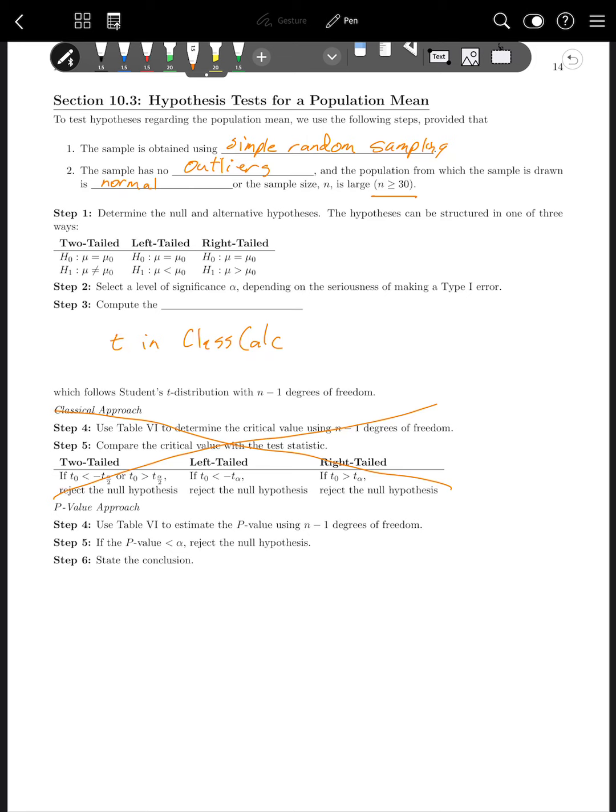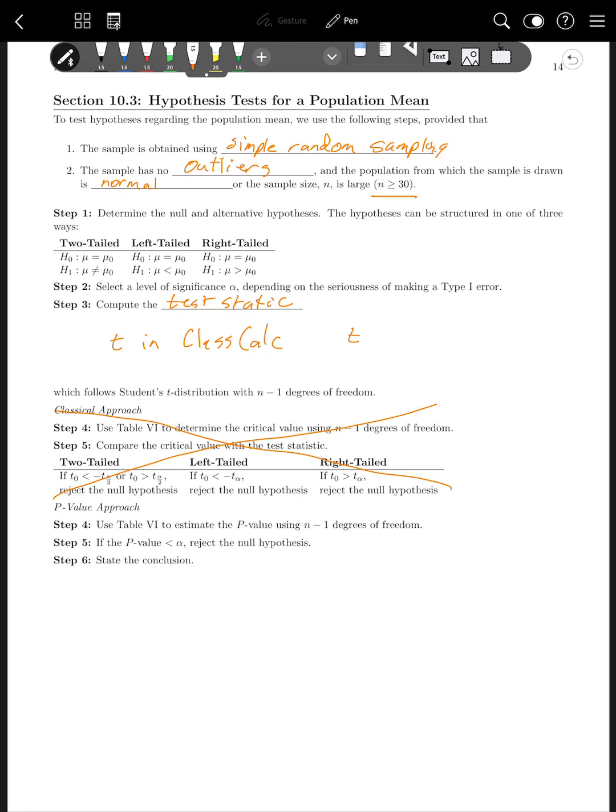In that case, it's going to work a lot like it did for section 10.2. So you're going to write your hypotheses. You're going to determine your level of significance. You're going to compute the test statistic, which will be the t in your ClassCalc app when we run the hypothesis test.